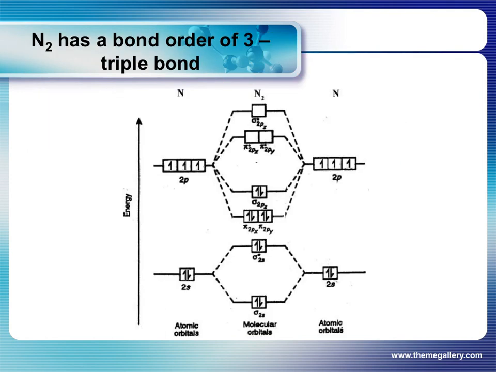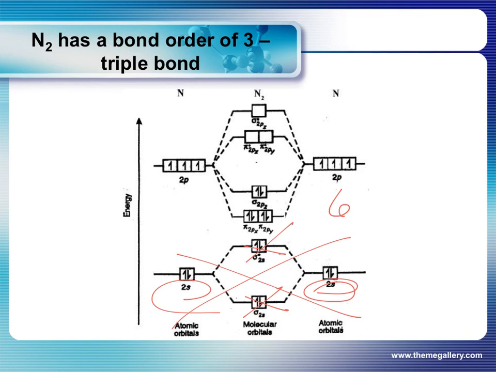Here is a completed molecular orbital diagram for nitrogen. Again, since we have equal number of electrons in bonding and anti-bonding for the S level, these don't even count. We have a total of 6 valence electrons in the bonding orbitals on the top part, and none in the anti-bonding orbitals.